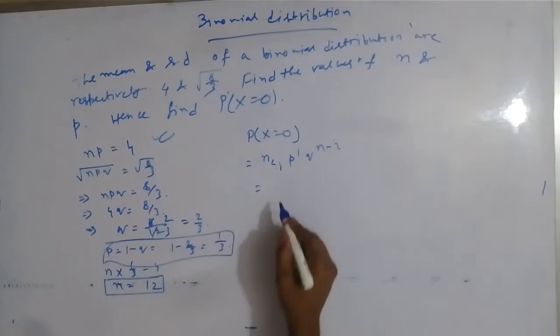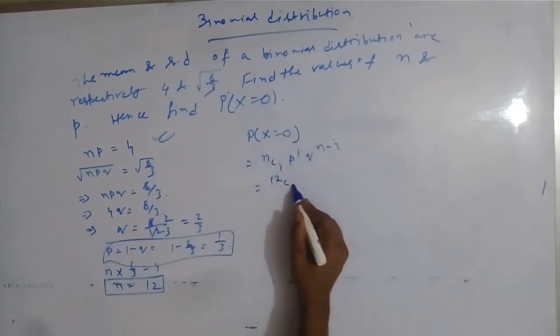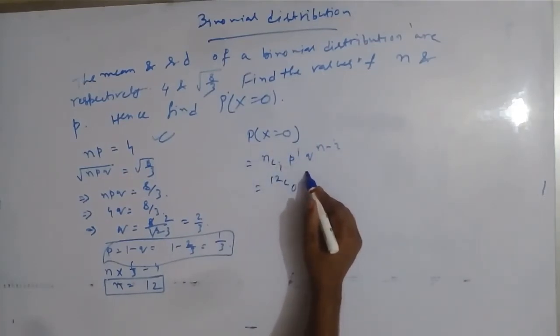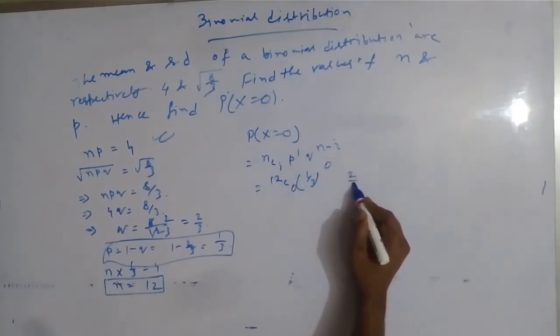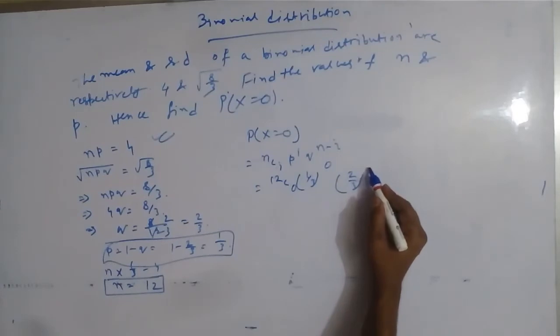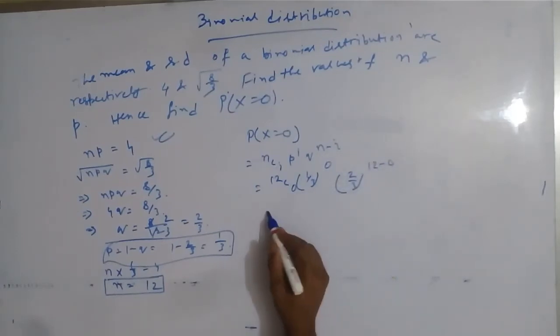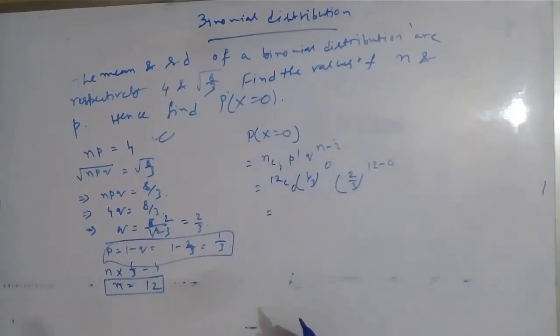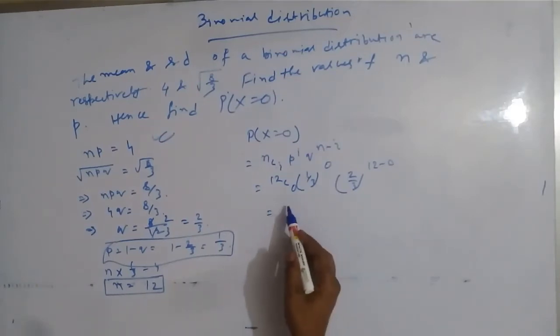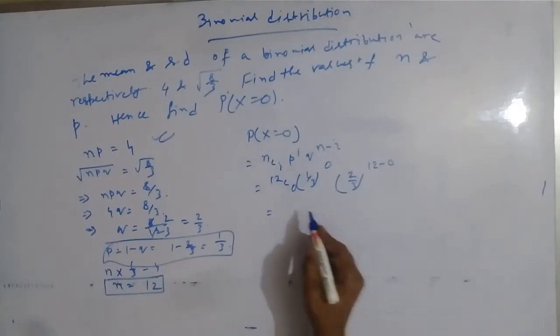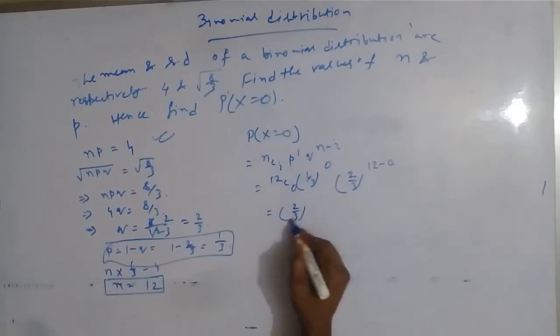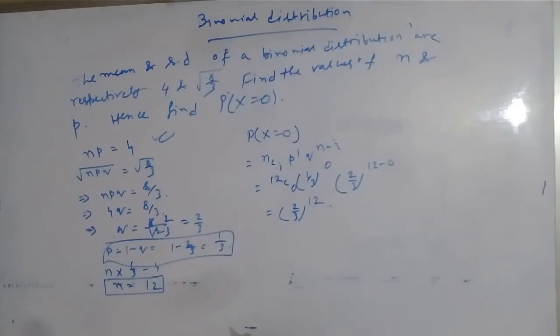Here n is 12, so 12C i with i equal to 0, p is 1/3, so 1/3 to the power 0, and q is 2/3 to the power 12 minus 0. So 12C0 will be 1, 1/3 to the power 0 will be 1. So the answer is 2/3 to the power 12. So the probability of x equal to 0 is 2/3 to the power 12.